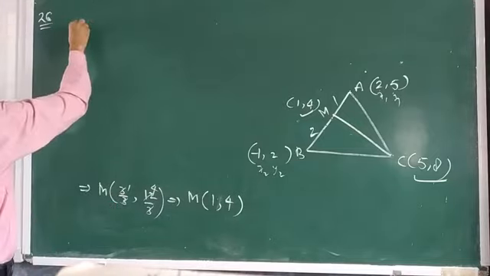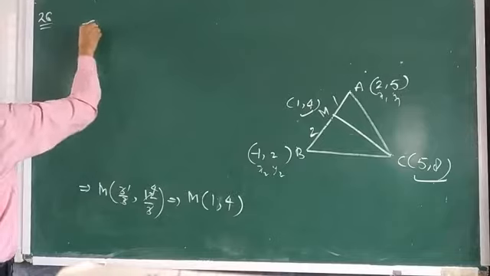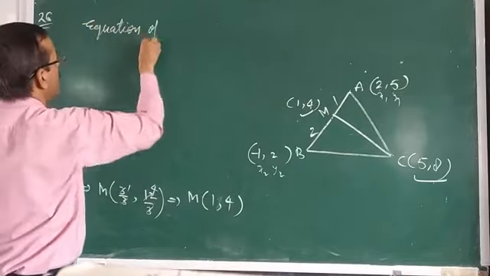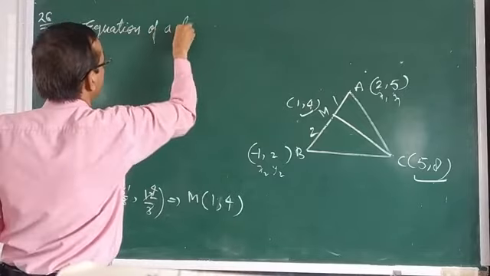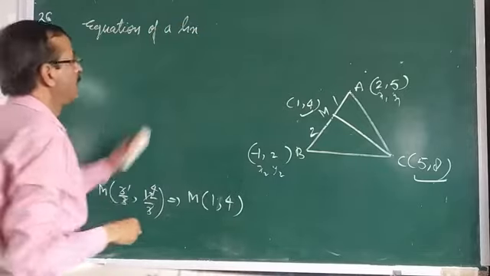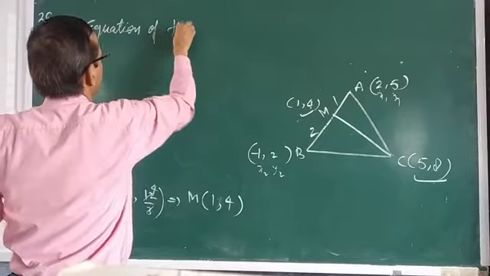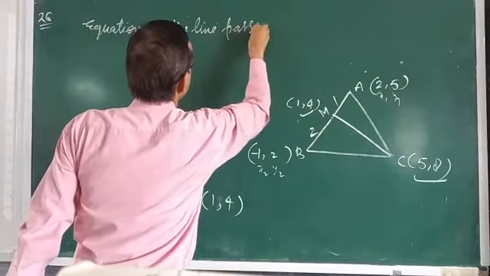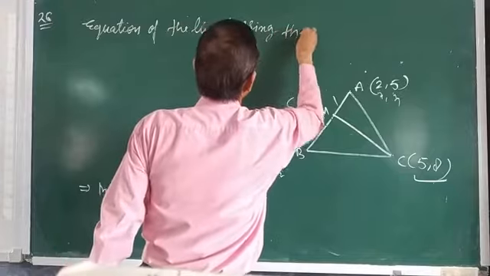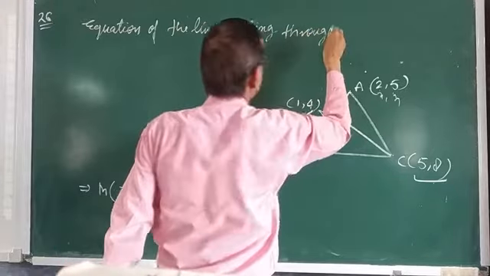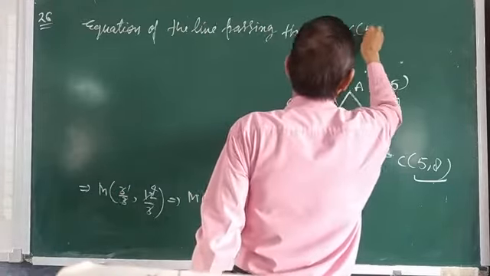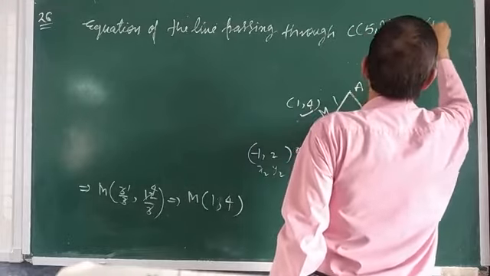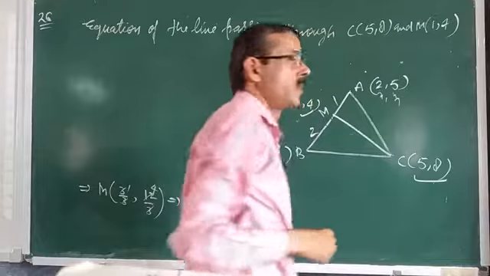Now, the equation of the line passing through C (5, 8) and M (1, 4).